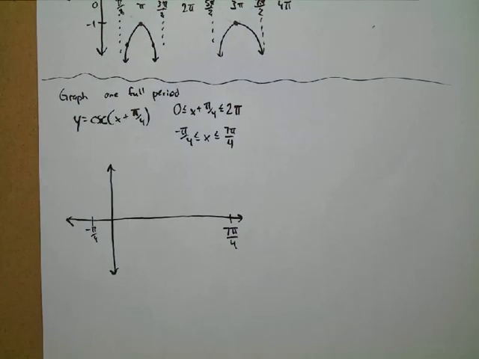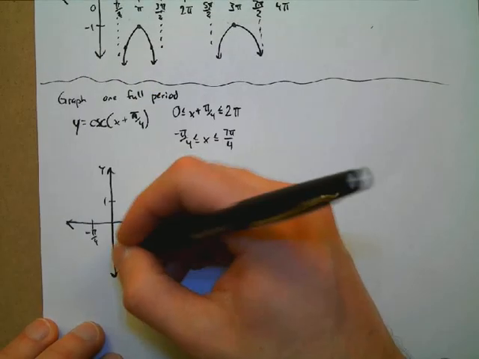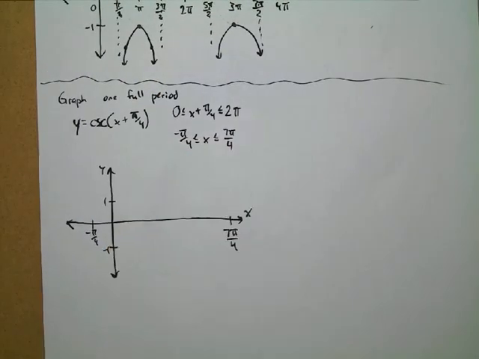So again, midpoint, how do you find the midpoint of two numbers? What do we do? Add them and then divide by 2. So negative pi over 4 plus 7 pi over 4 is 6 pi over 4, which simplifies to 3 pi over 2.